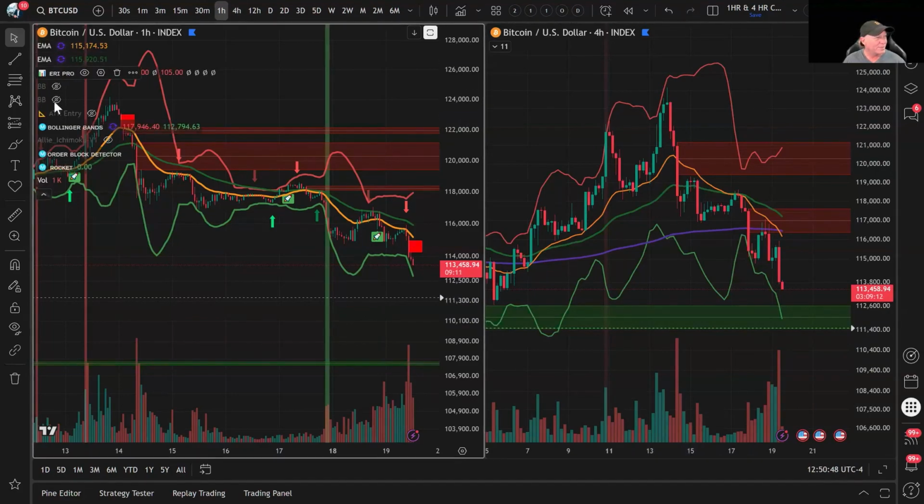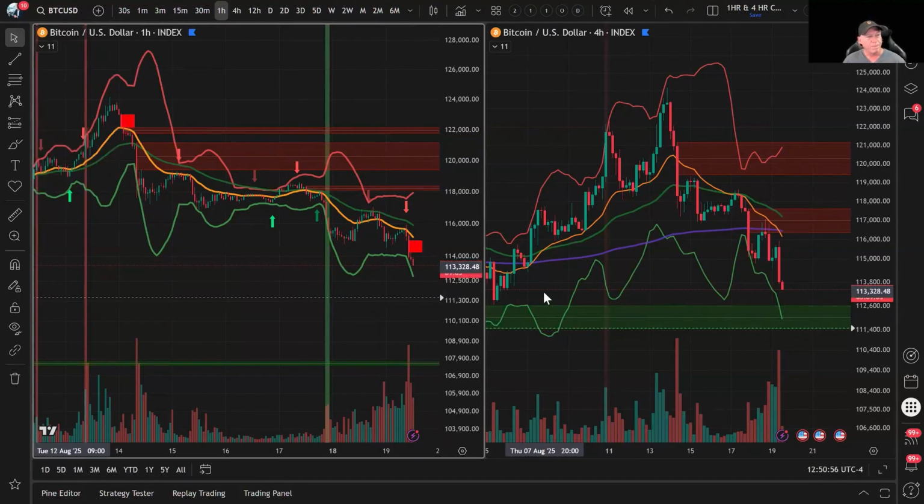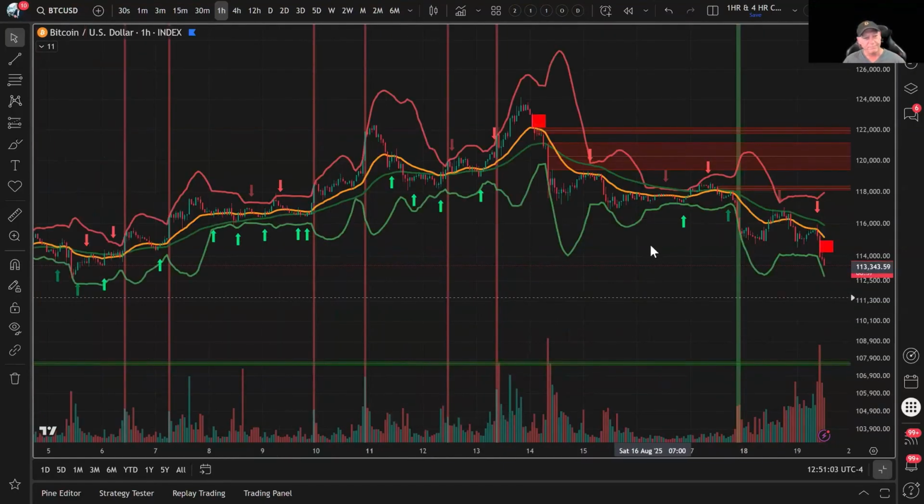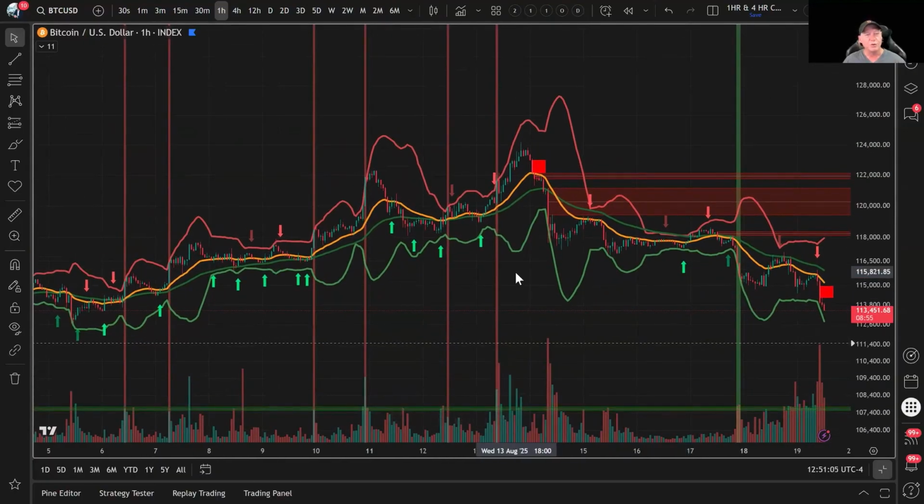All right, let me do this here. I'm going to turn off the rocket just because we don't really need that on this time frame. We're going to look at the dynamic average true range after we look at the Bollinger Band. One nuance here on the Bollinger Band. I'm going to open up the 1 hour chart, and you can see these vertical lines on here. The red vertical line, if price closes for that hour at or above the upper Bollinger Band, think of it as a rubber band.